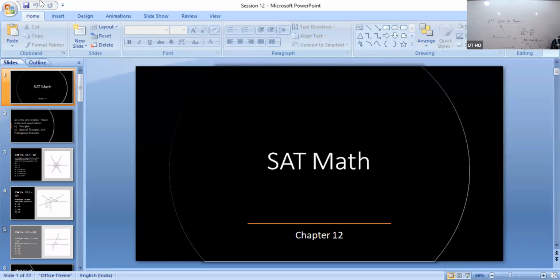Either draw a parallel from a midpoint, or join both midpoints, and the line will be parallel. And ST will be half of QR. Clear? Now we can start the questions.